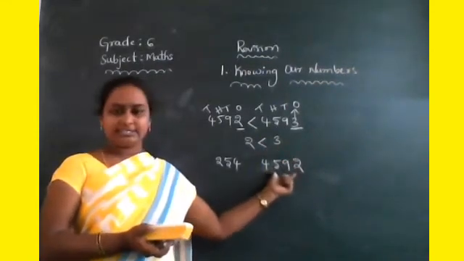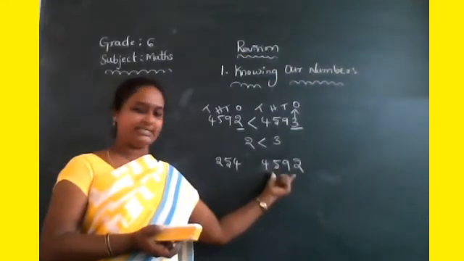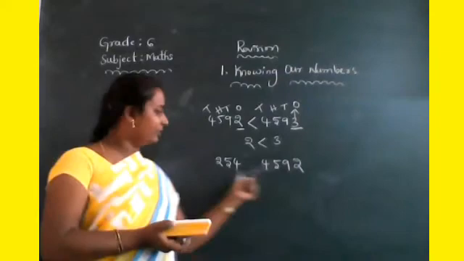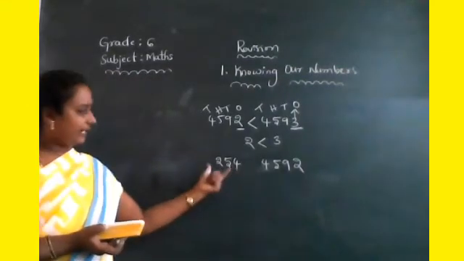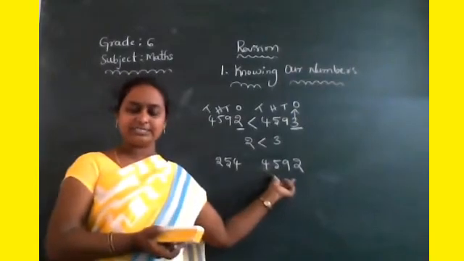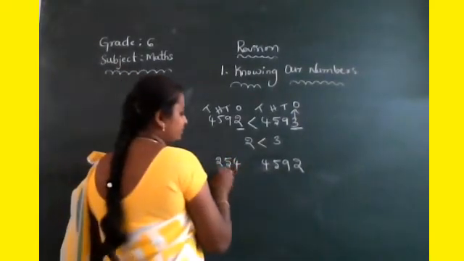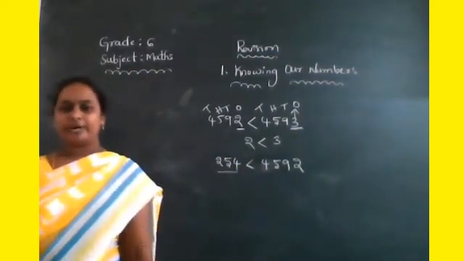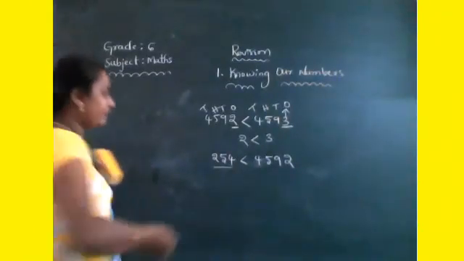How many digits does this number contain? 4 digits. 4592. And this is 254. So thousands are greater. Yes, so that means 254 is less than 4592.